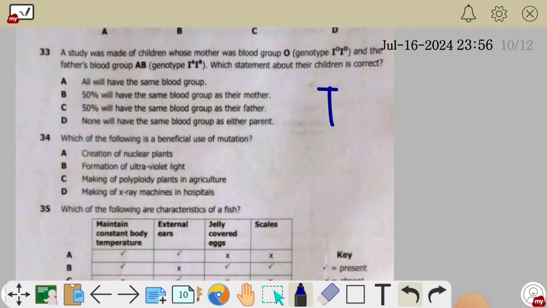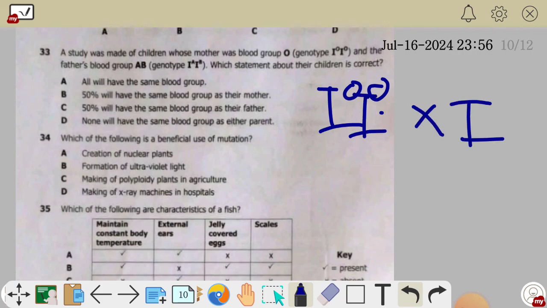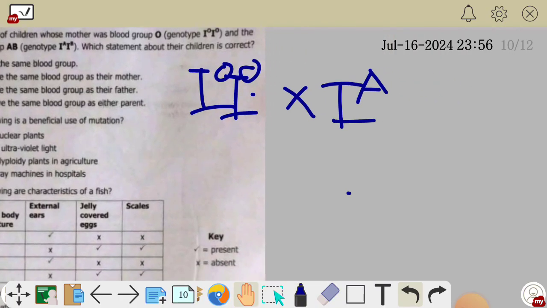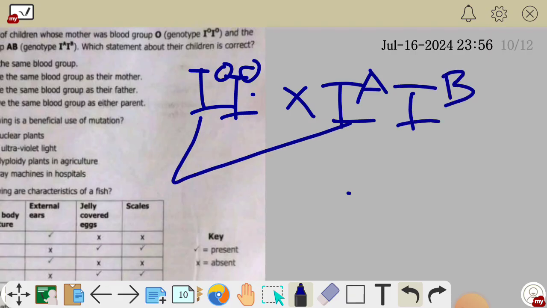So we have blood group O in the mother crossed with blood group AB in the father. So what will happen is that if this one crosses with that, we are going to have blood group A in this case.